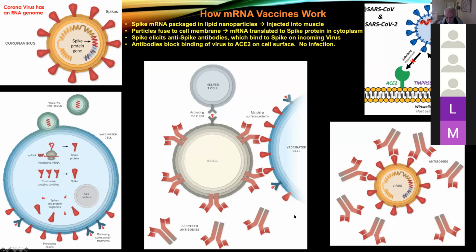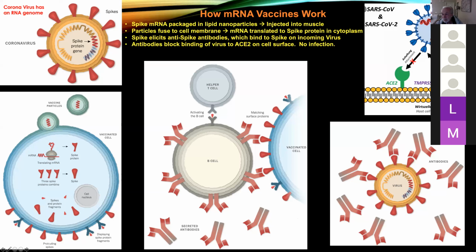And what they do when a virus particle enters the cell, or even before it enters the cell, is attach to the spike proteins on the surface of the virus and block the attachment.